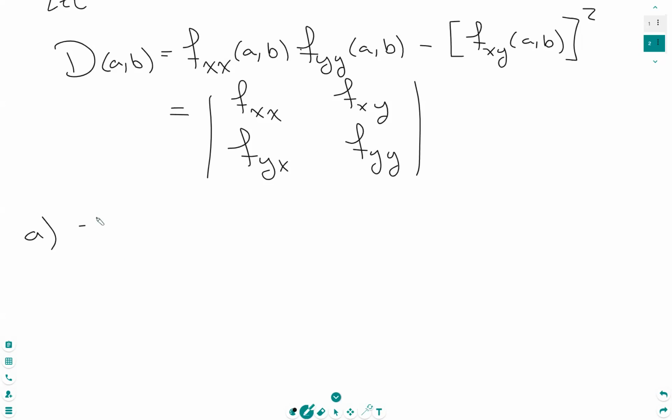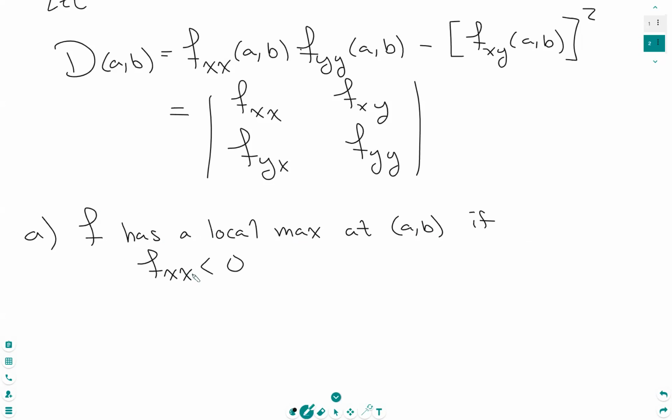So we can have that f has a local max at (a, b) if we have that fxx is negative and D is positive.